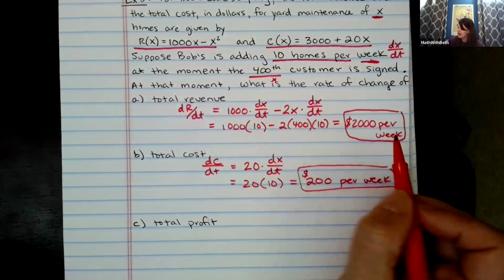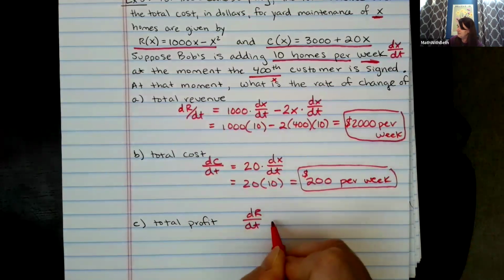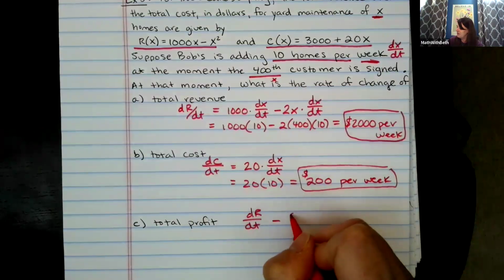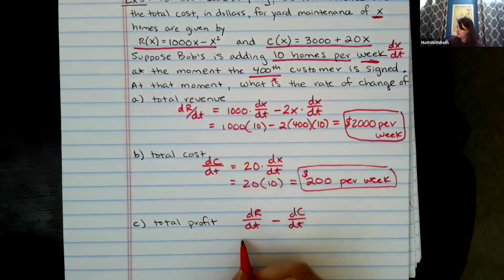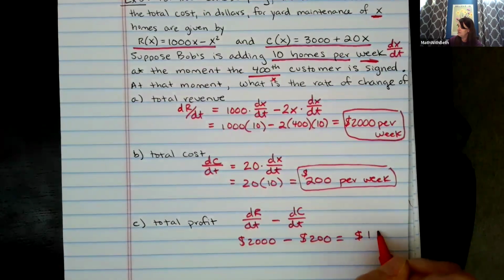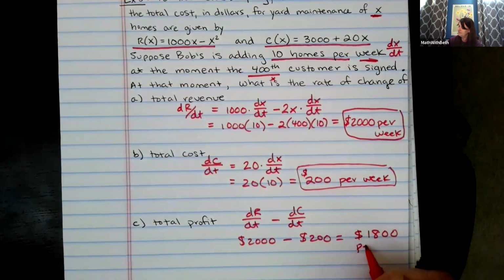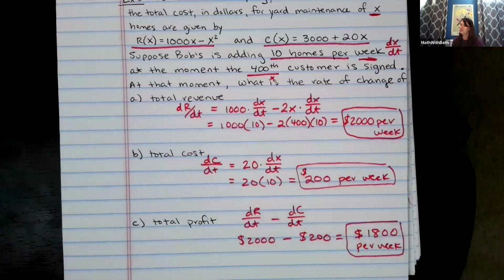So we can find our answer of dr dt and subtract the answer we found when we did dc dt. So in other words, 2,000 minus 200. So that would be how much the total profit is changing at the time when we have our 400th customer.